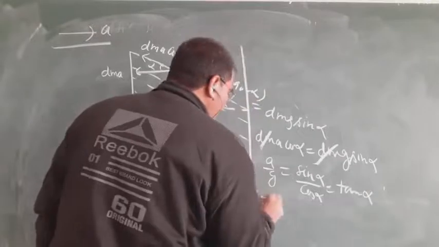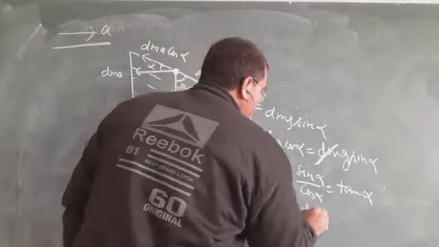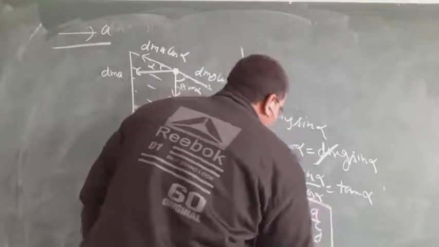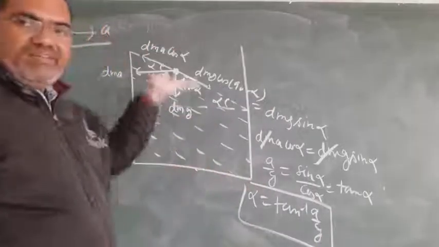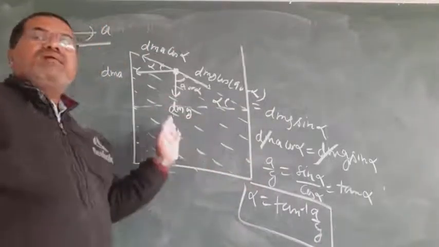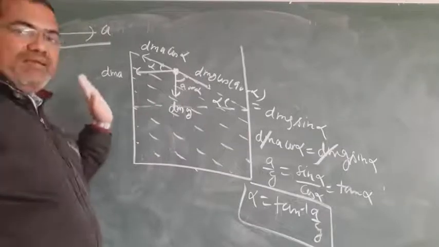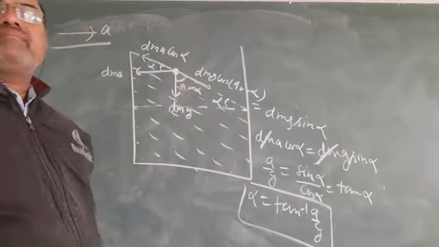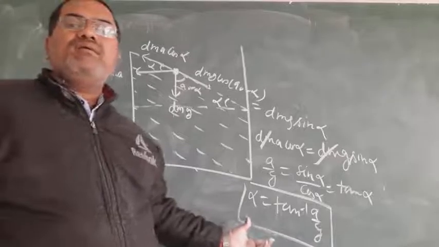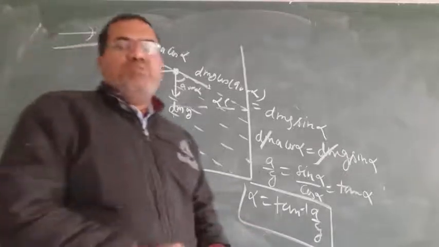So alpha equals tan inverse of a by g. This is the elevation of the liquid in a container when it is accelerated with acceleration a in the horizontal direction. Very important formula. So today's class is over right now.